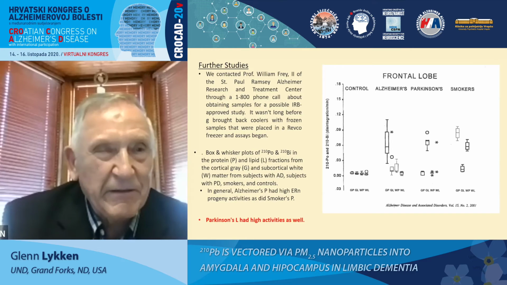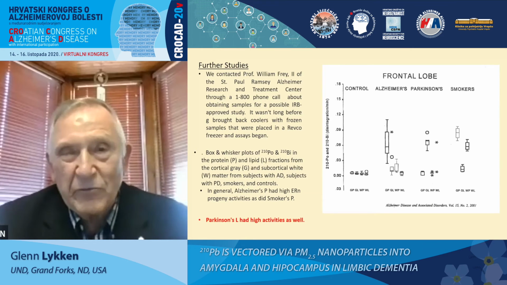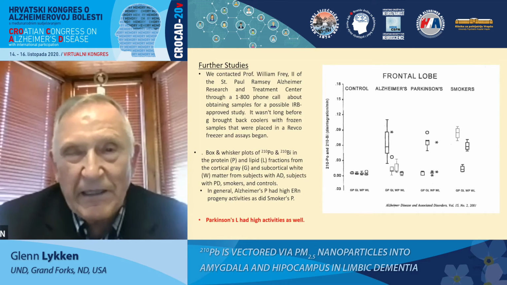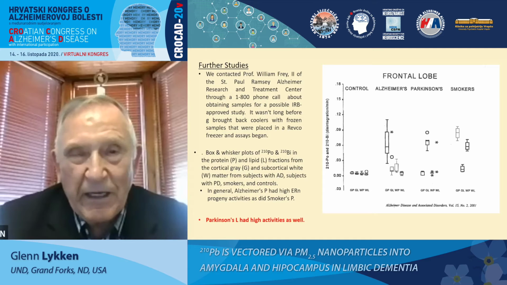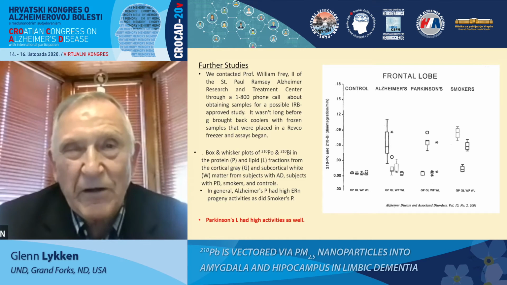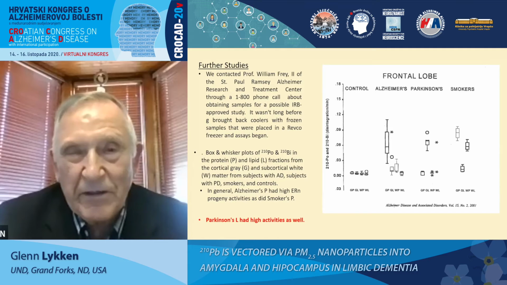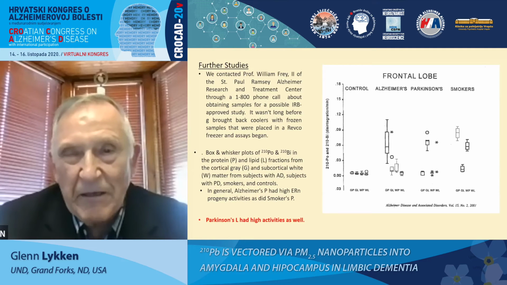And so then we set up a study where we analyzed the protein and the lipid, and we looked at different parts of the brain, the gray and the white matter. And notice under control, there's just a little bit of activity.